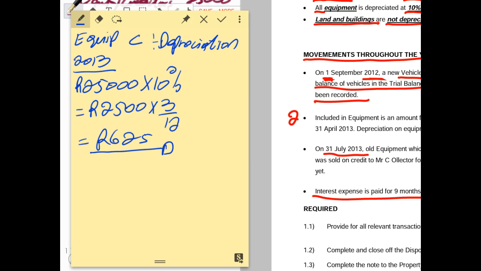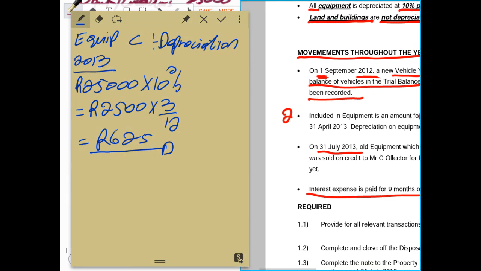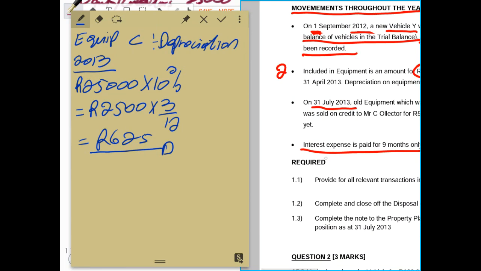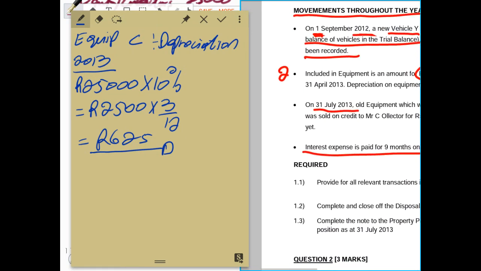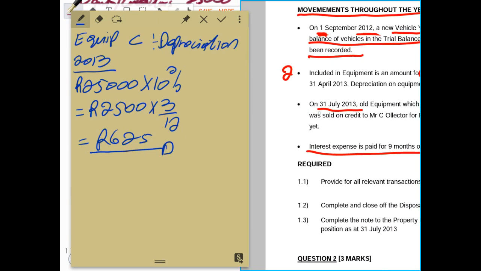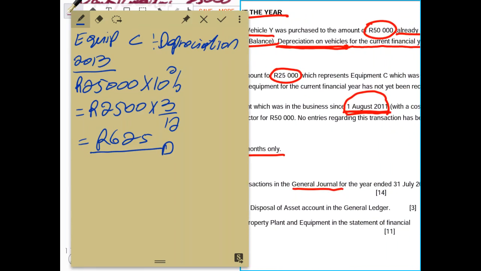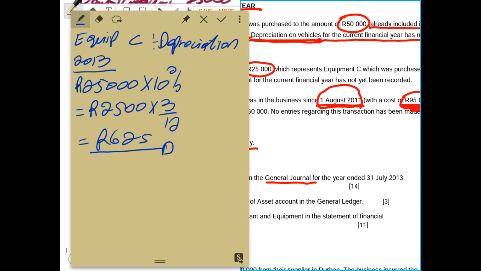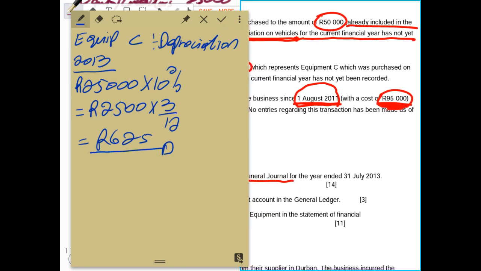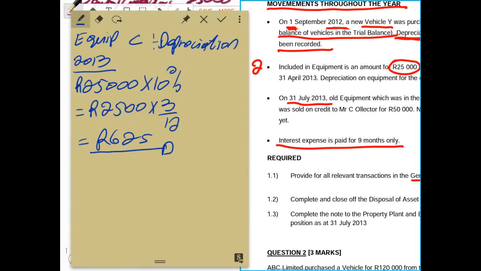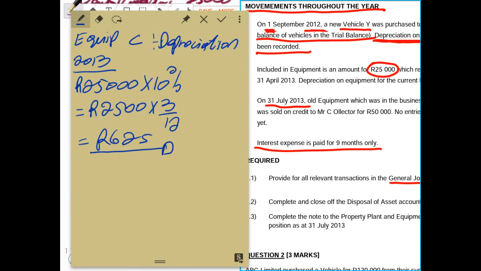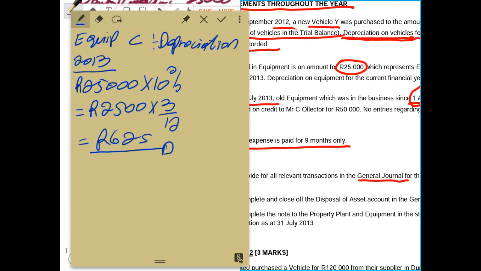Then let us continue calculating depreciation for the old equipment, and the old equipment was sold at the end of the current accounting period. If you see that 30 dot, on the 31st of July 2013, old equipment which was in the business from the 1st of August 2011, with a cost price of 95,000 rands, was sold on credit to Mr. Lecter for 50,000 rands.